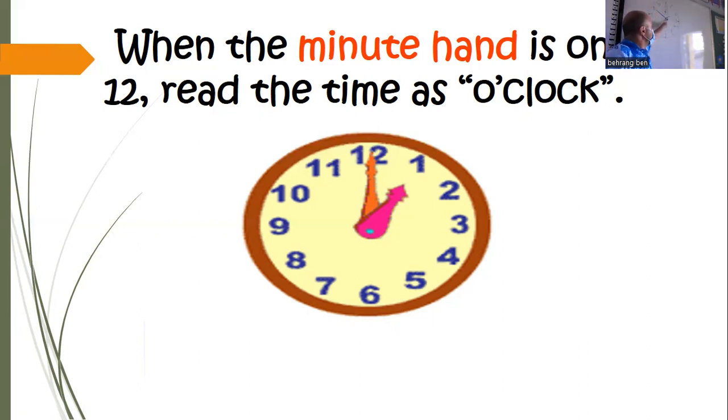The short hand of the clock is on what? Which number is that? It's showing 2. Look at the whiteboard here. The short hand of the clock is showing 2.